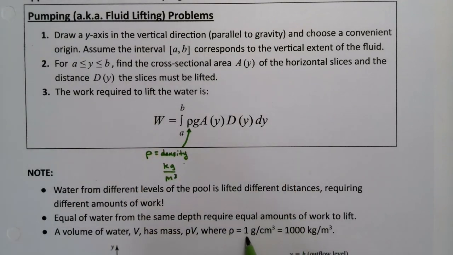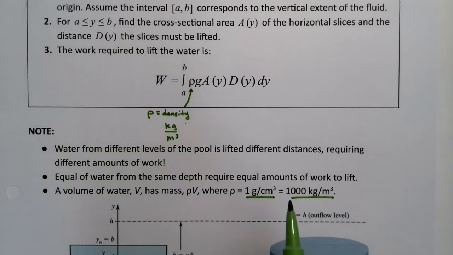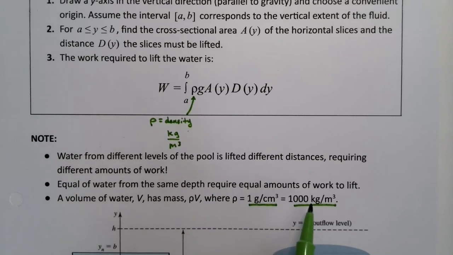It can sometimes be grams per centimeters cubed as well. For water, it's always that. Now, if it's a different fluid or a different liquid, it would have a different density. But water is this. Okay, so then the volume is V, right? And its mass would be rho V. Rho is the density of water.